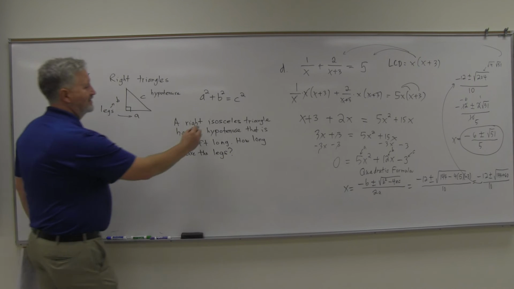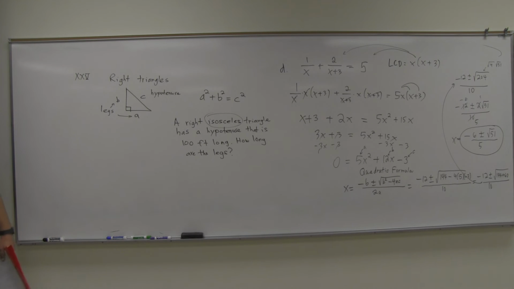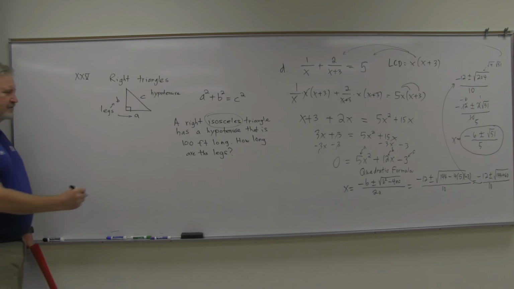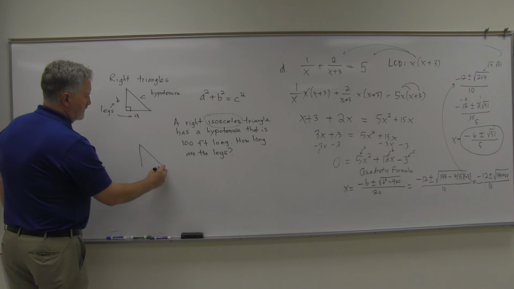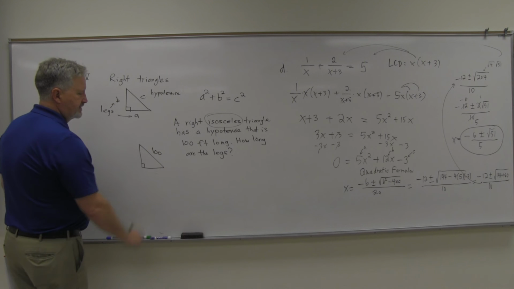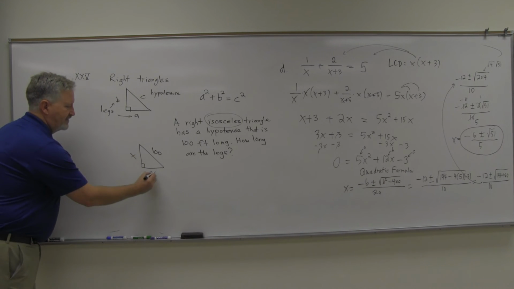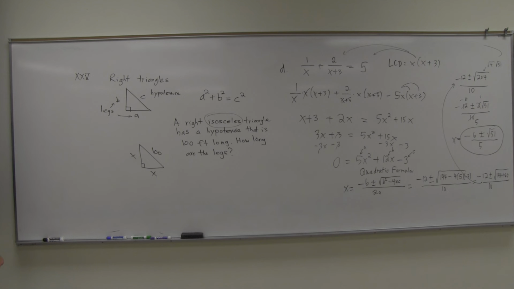So I threw in another one. On the homework, they have one like this, so that's why I wanted to do one. A right isosceles triangle. Isosceles means two sides are equal. If I draw the diagram here, my hypotenuse is 100. Since it's an isosceles right triangle, the legs turn out to be the same, so we can just call both of those x.